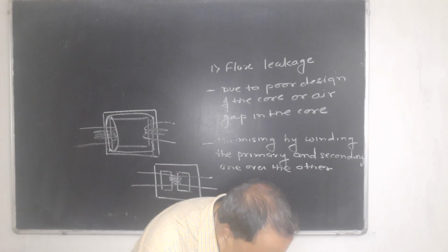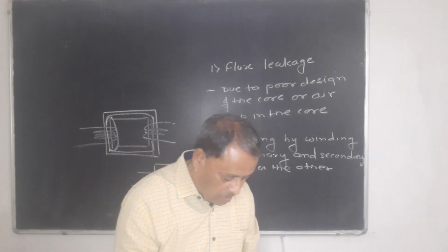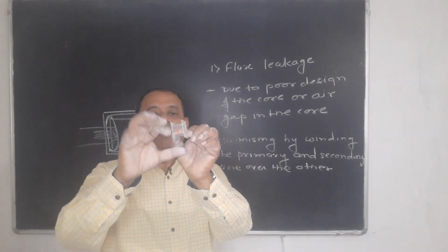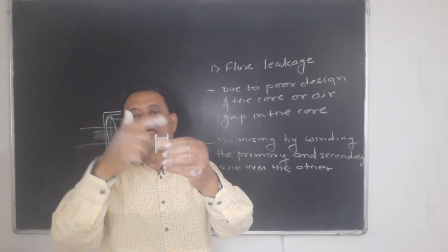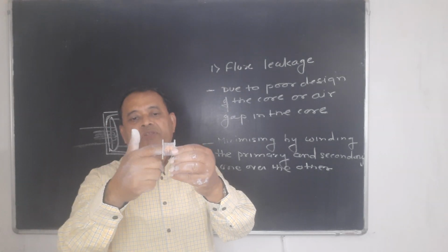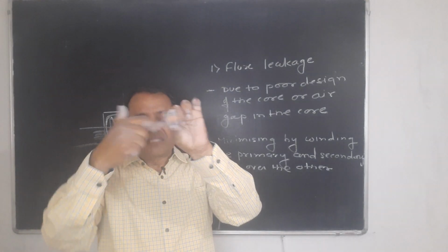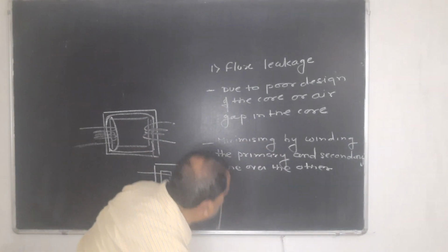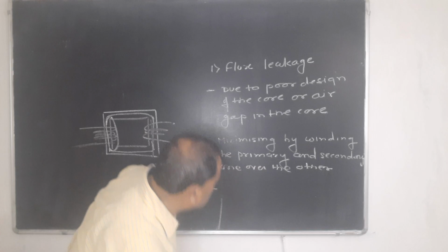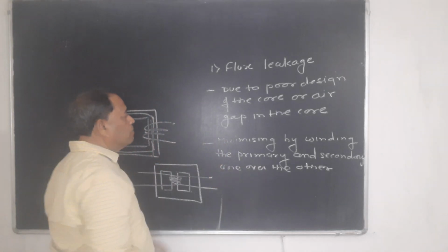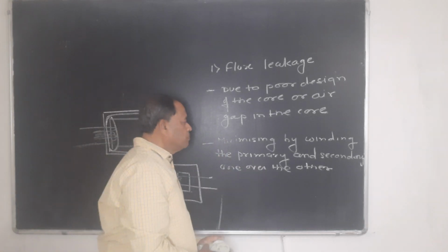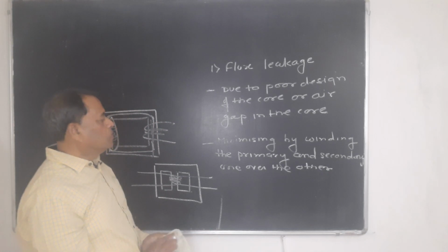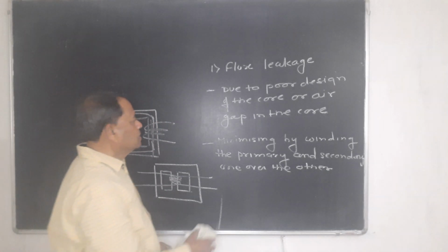So here this winding is there, and over it is another winding, and the central limb will be inside like this. So this can be minimized by winding the primary and secondary one over the other.